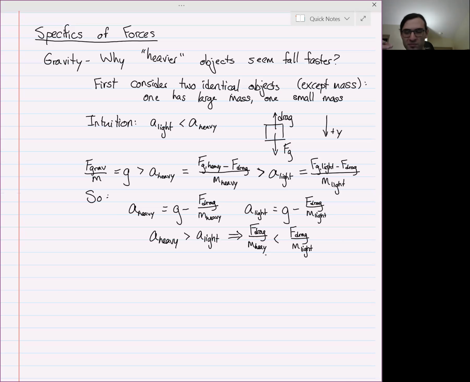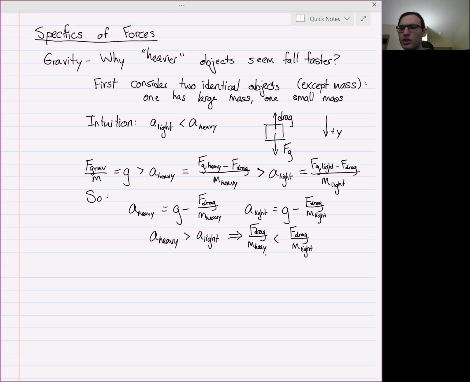So the reason why a feather falls much more slowly than a brick is not because drag and air resistance are the same thing, and not because one has a harder pull of gravity on it or something like that. It's because the feather has significantly less mass, but a comparable drag force. And so that drag force will have a larger effect on its acceleration because it has less mass.